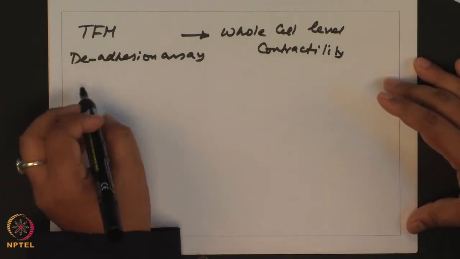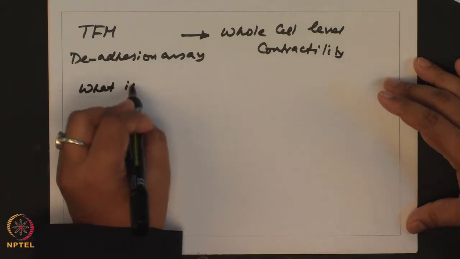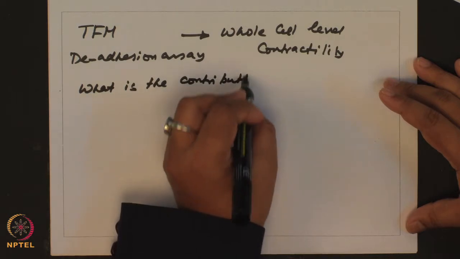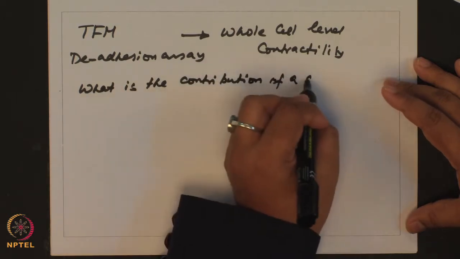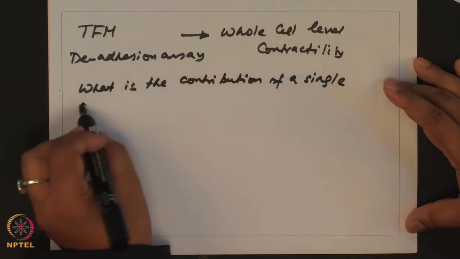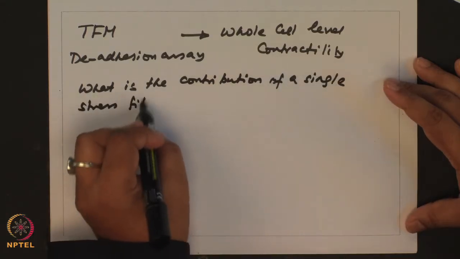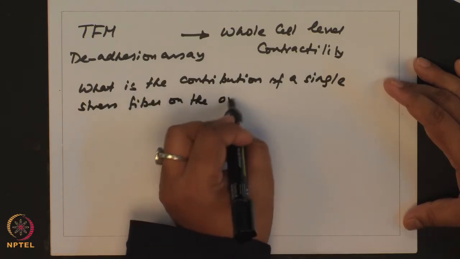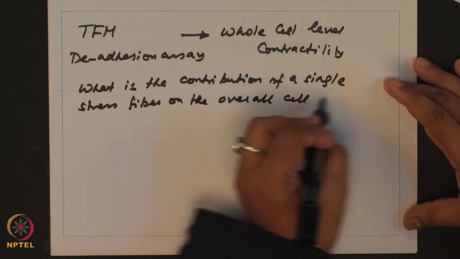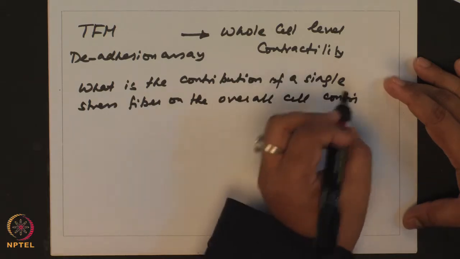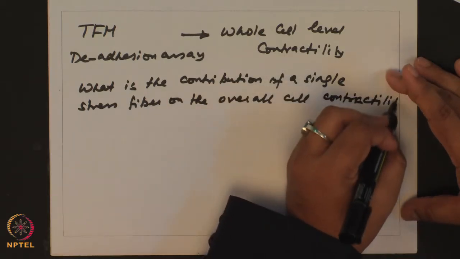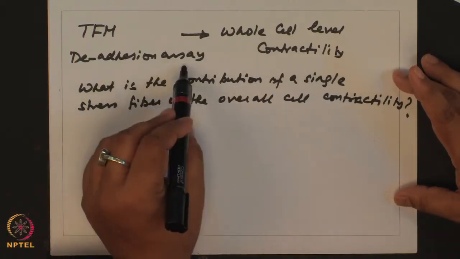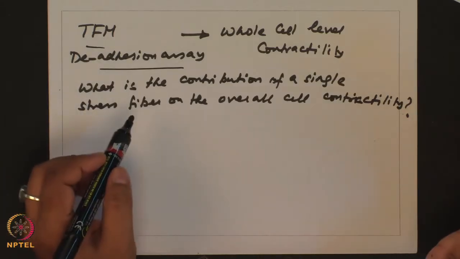In other words, what is the contribution of a single stress fiber to the overall cell contractility? In these cases, it is difficult to use TFM or de-adhesion assay to estimate it.